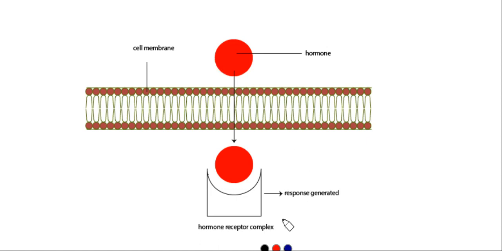So this is how the action is generated. As you know, the nucleus is the main brain of the cell. Whatever it receives as a signal, it will work on that and order the cell to behave that way. So each and every time this hormone connects to this receptor, a complex forms.